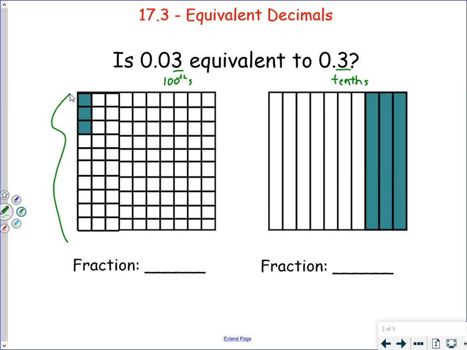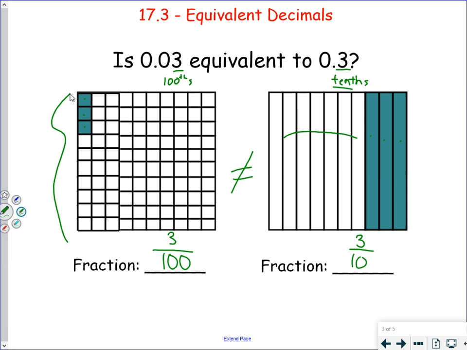Okay? 10. So here we have 1, 2, 3 out of 100. And here we have 1, 2, 3 out of 10. So 3/10. These are not equal. Okay?